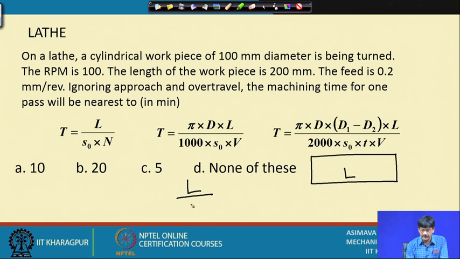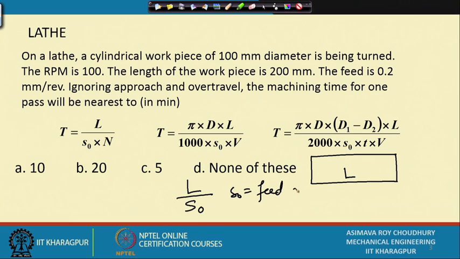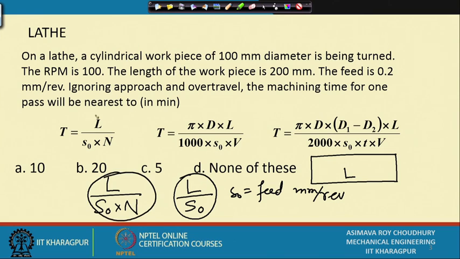L divided by S0, where S0 is the feed in millimeters per revolution. This is the number of revolutions needed to cover the full job. If these many revolutions are required, how many minutes would we require? Definitely divided by n, since n is the number of revolutions per minute. So, this should be the answer to our question.